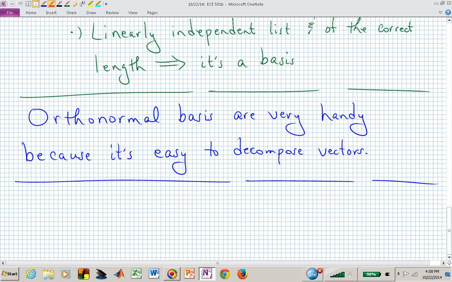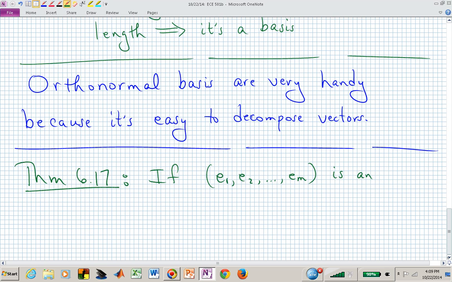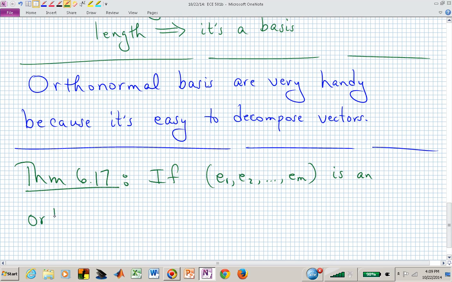Let's now look at a result that plays on this orthonormal basis. Let's say that we have a list E sub 1, E sub 2, through E sub m that is in fact an orthonormal basis. That tells us that it has to be the right length, or the right number of vectors in that list.